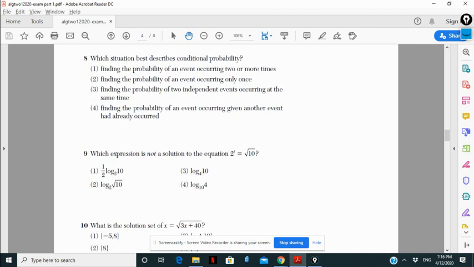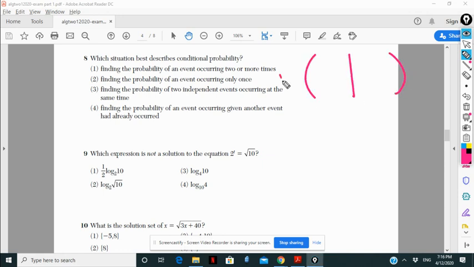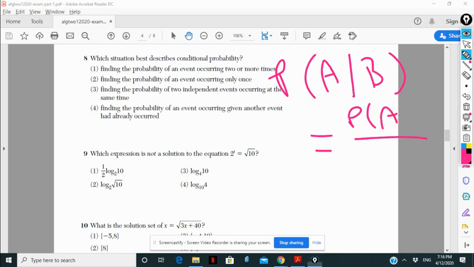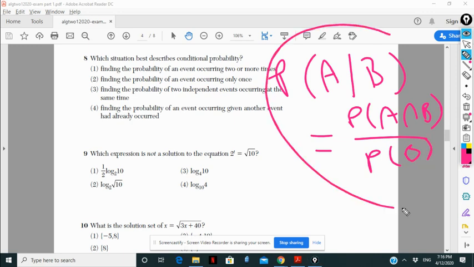Question number 4. Which situation best describes conditional probability? Conditional probability is the one like probability of A given P. That's the conditional. So it's the probability of the intersection over the probability of P. That's a conditional one, given.